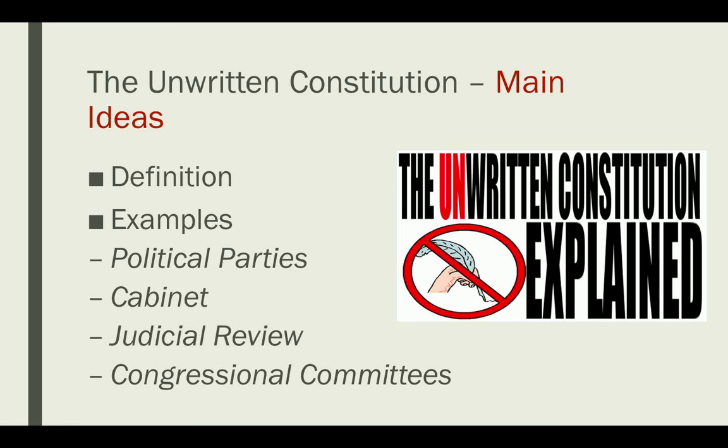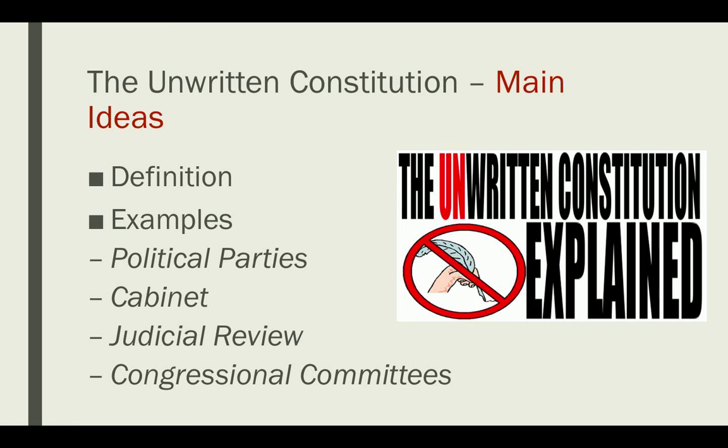The last piece that we're going to look at, congressional committees. Nowhere does it say that within the House and within the Senate we should have specialized committees to evaluate bills to get them ready to send off to the president. Nope, nowhere.